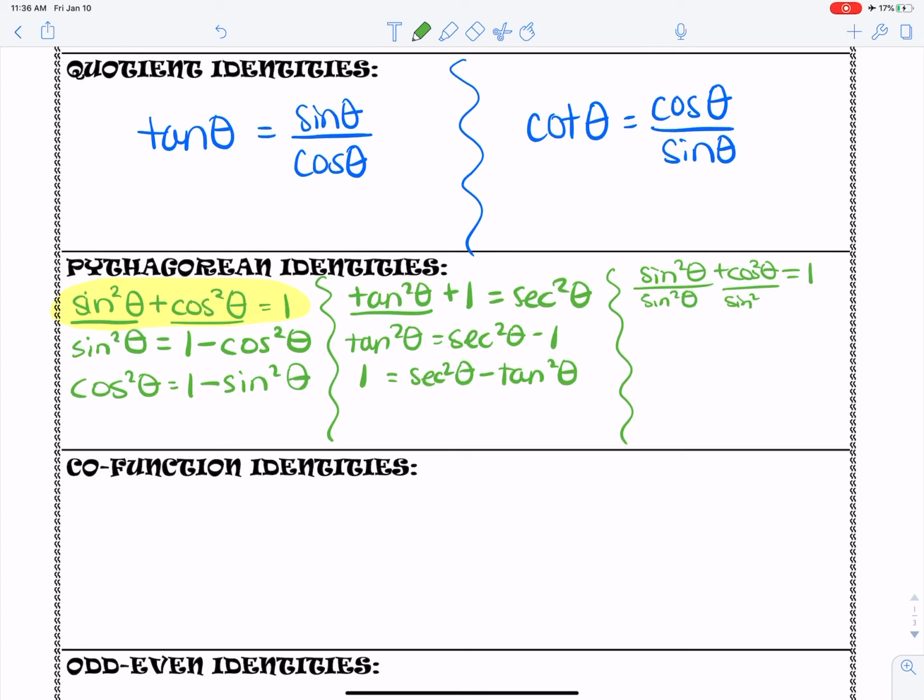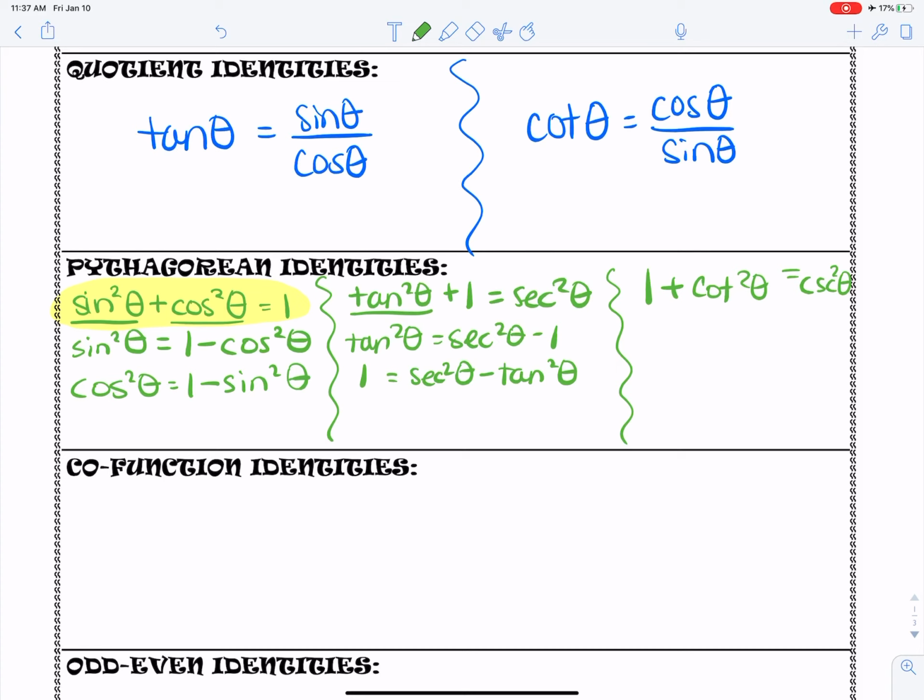We would end up getting sine squared theta over sine squared theta equals 1, plus cosine squared theta over sine squared theta, which equals cotangent squared theta, and 1 over sine squared theta equals, from the reciprocal identities, cosecant squared theta.